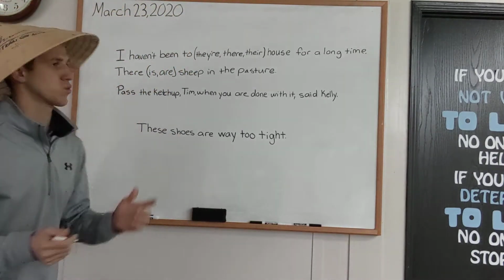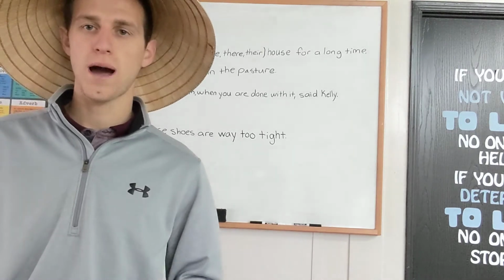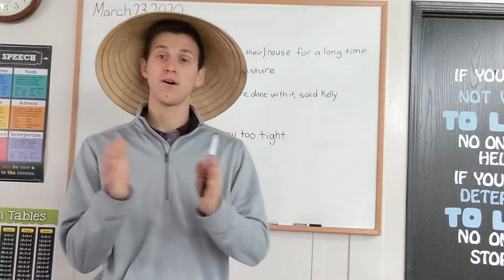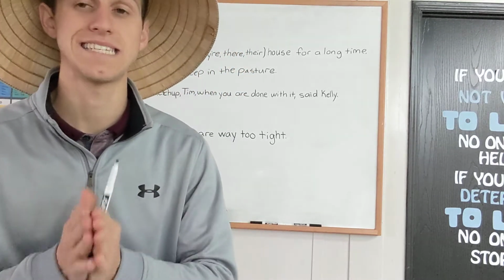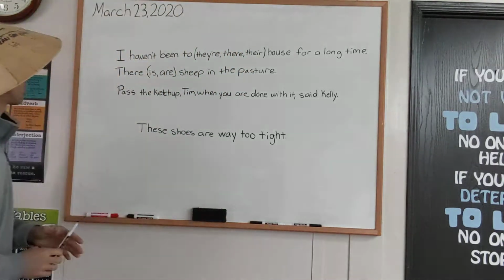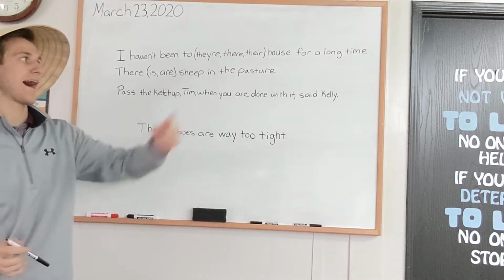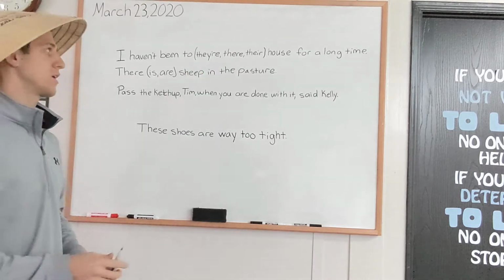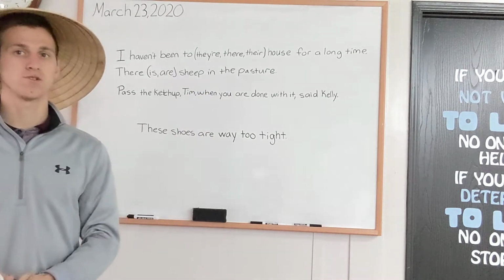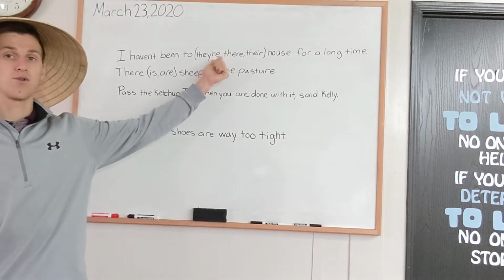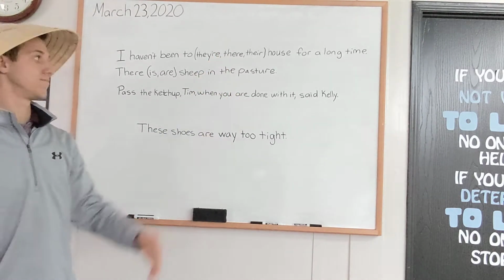So for our first sentence, we're going to be dealing with homophones. You remember what homophones are? Homophones are words that are spelled differently, but they sound the same, all right? So I'm going to read this sentence. It says, I haven't been to their house for a long time. All right, so remember we have 3 different forms of their. Remember this is they're, that forms a contraction, they are.